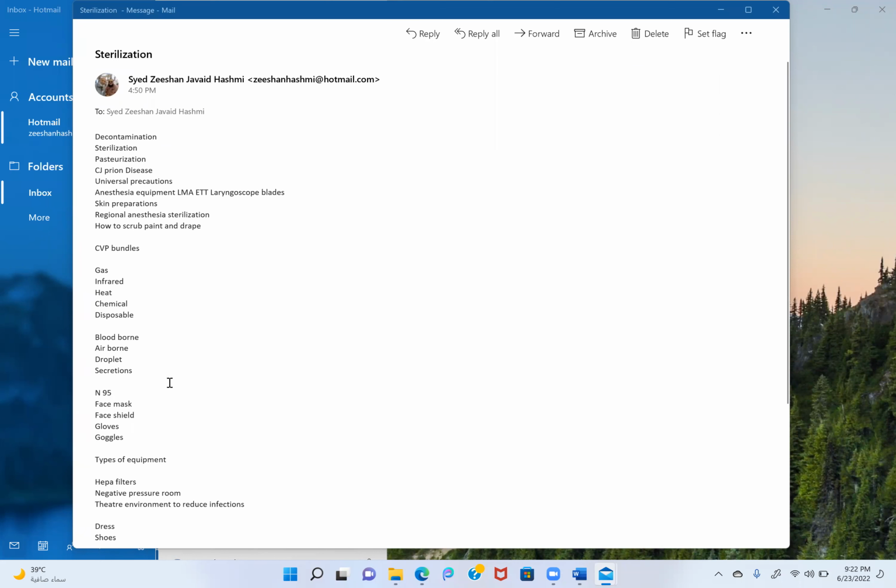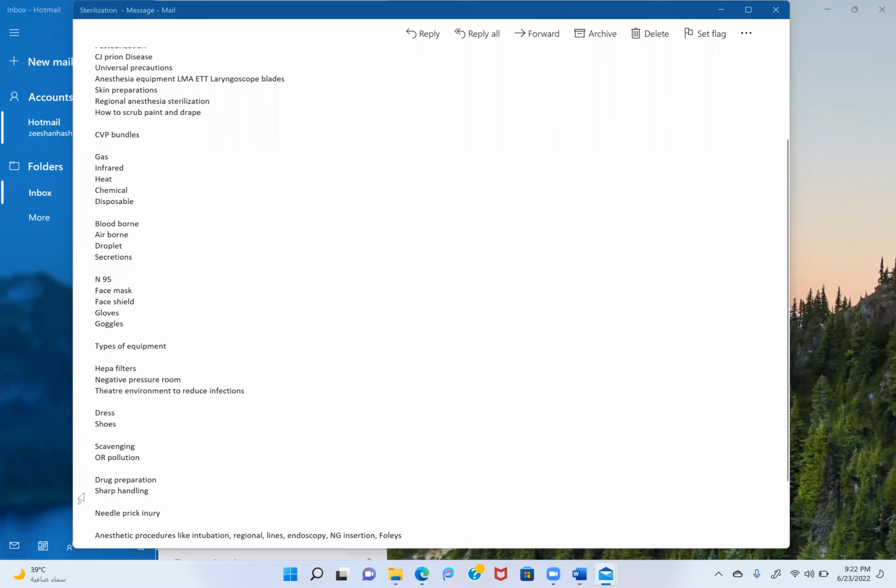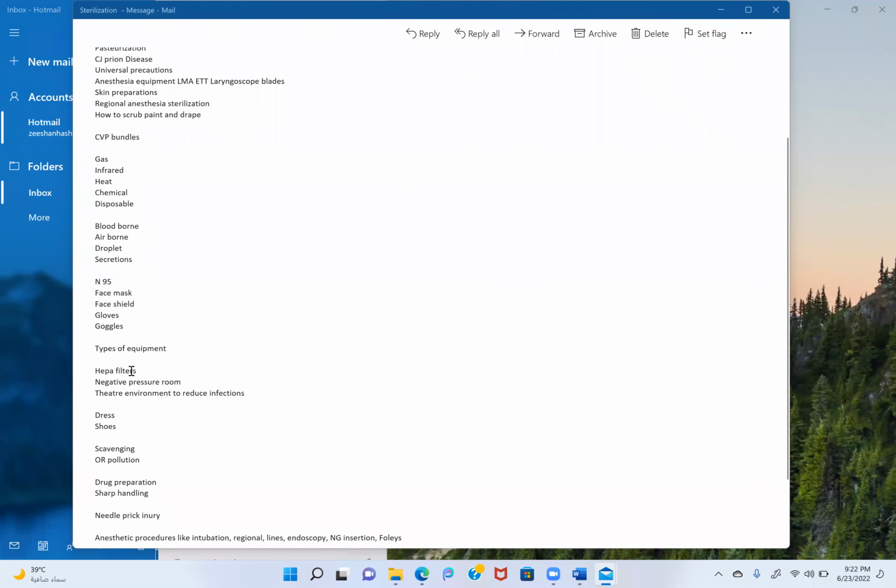I will try to have a discussion on what we should do when there is a needle stick injury. Okay, this is one thing. And what is the role of HEPA filters, negative pressure rooms, and theater environment in reducing infections? What about hypothermia?